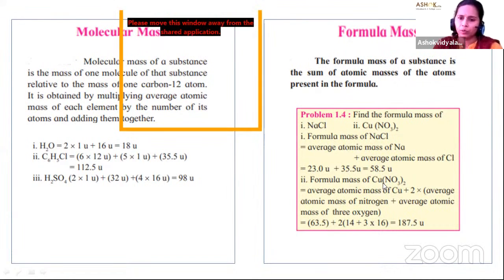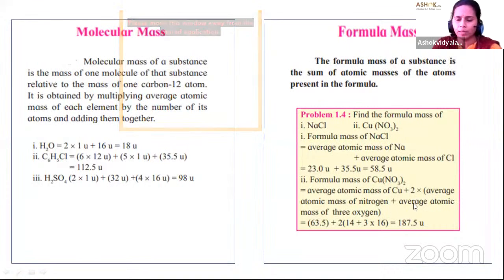Formula mass of cupric nitrate, Cu(NO3)2. Here, again, we have to consider 1 copper atom, 2 nitrogen, and the number of oxygens is 3 into 2, that is 6. So here 2 is taken common: the average atomic mass of nitrogen plus the average atomic mass of 3 oxygen.